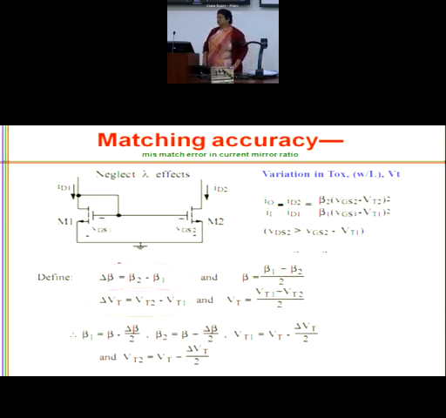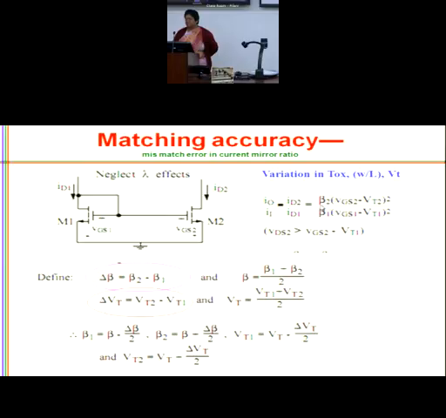Okay. So if there is a mismatch, now look here. So normally if this is my biasing arm, okay, and this is your reference arm. I am not showing the upper portion, only the basic current mirror. So this would be connected to amplifier here, and this would be connected to the reference current source. Okay. So I can write the equation as mu n C ox W by L VGS minus VT whole square. Okay.